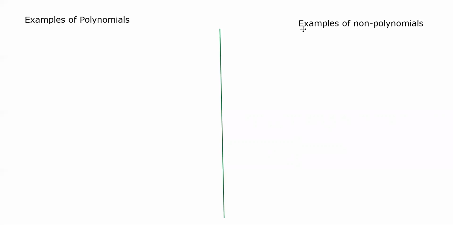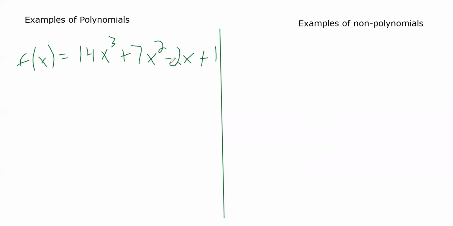So how about f of x equals 14x cubed plus 7x squared minus 2x plus 1. This is indeed a polynomial.